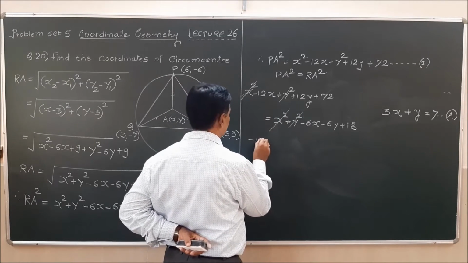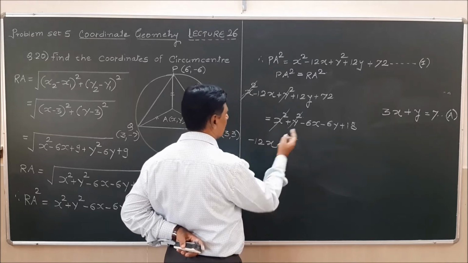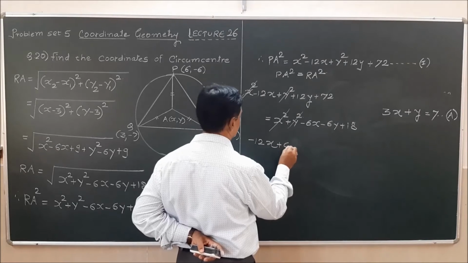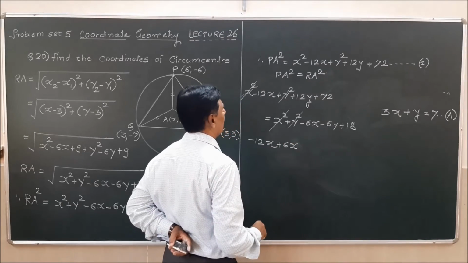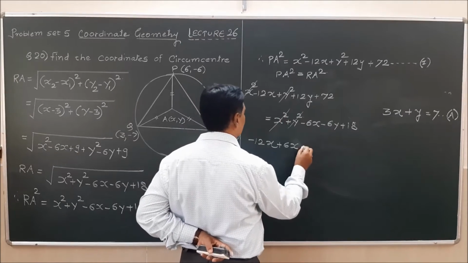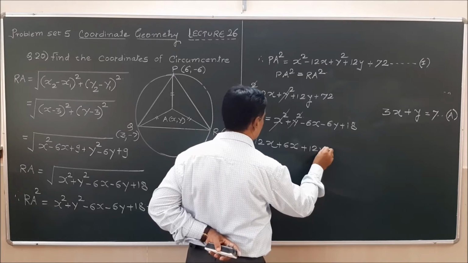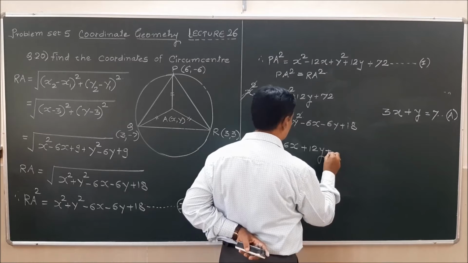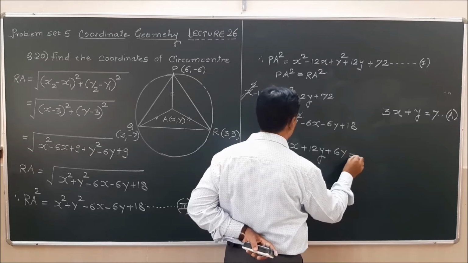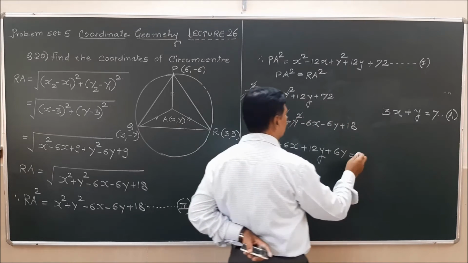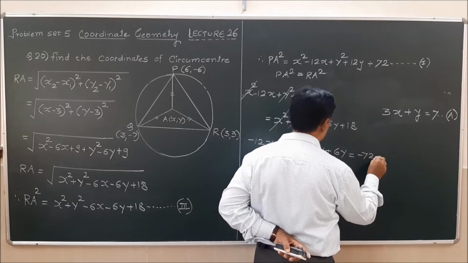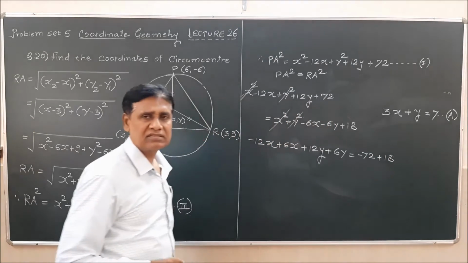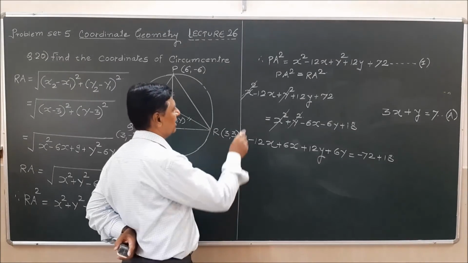Minus 12x, minus 6x to the left hand side becomes plus 6x. Then you will find plus 12y, minus 6y to the left hand side becomes plus 6y. That is equal to 72 on the right hand side, minus 72 plus 18, plus 18.